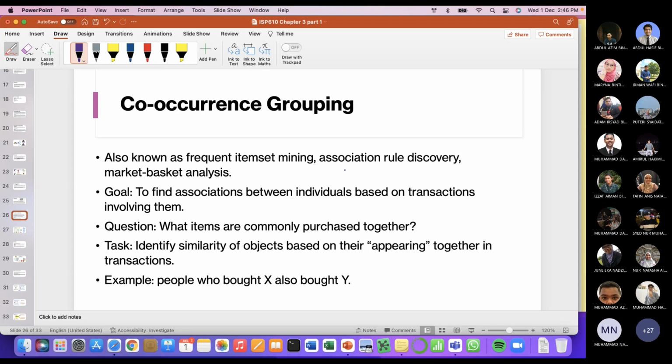Okay, so dia tengok apa association based on the transaction ataupun based on the data yang dia ada lah. So the question that we can ask here is what items are commonly purchased together? Okay, ataupun what kind of service that the customer for mega telco tu purchase lah. So task is to identify similarity of objects based on their appearing together in transactions. Contoh, people who bought X will also buy Y.